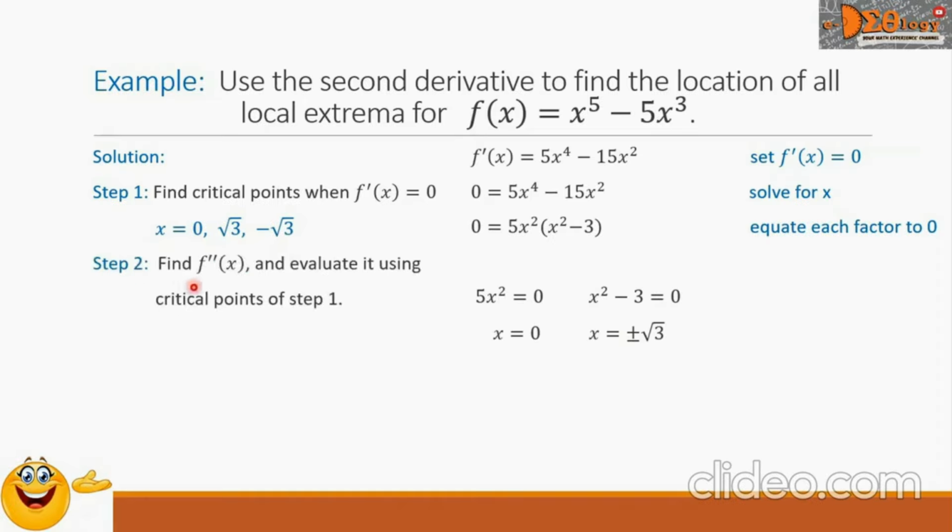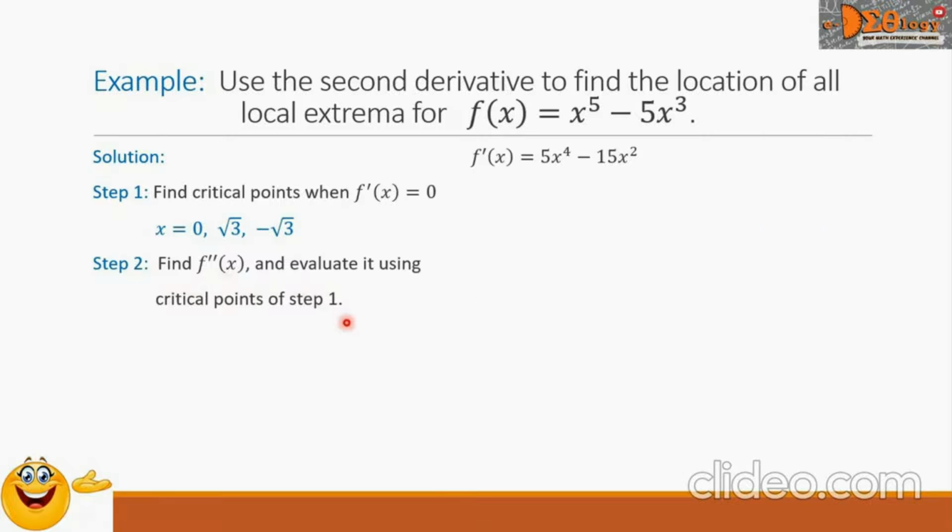Step 2. Find the second derivative of the function and evaluate it using the critical points of step 1. A while ago, we solved for the first derivative. Now, the second derivative is equal to 20x cubed minus 30x.